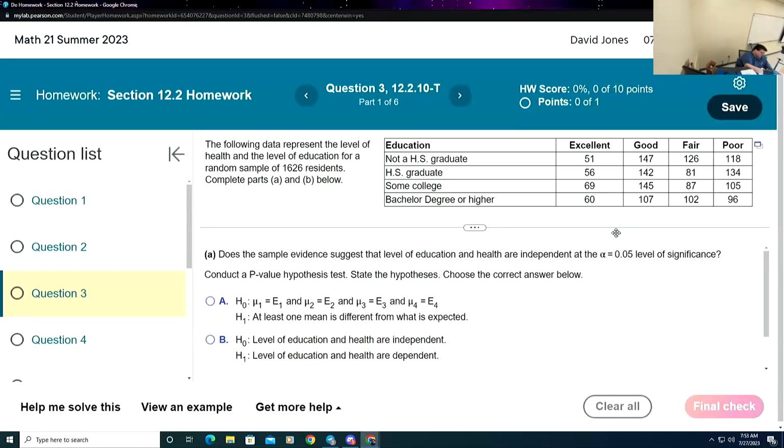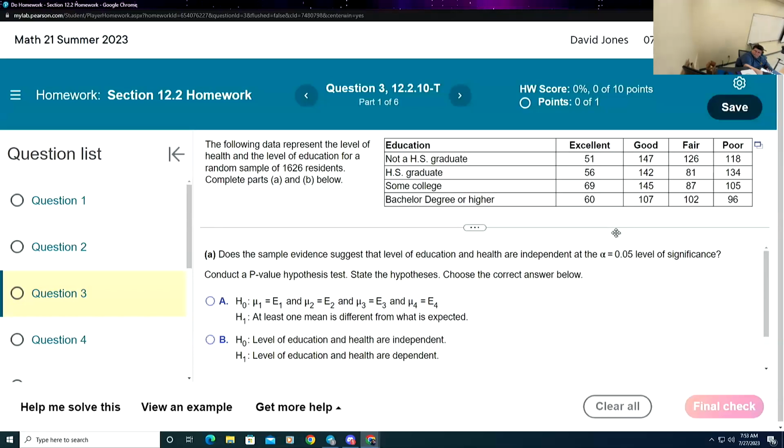And then the first one is not a high school graduate. Number 2 is high school graduate. B is some college like you guys. And D is degree or higher. Degree plus.